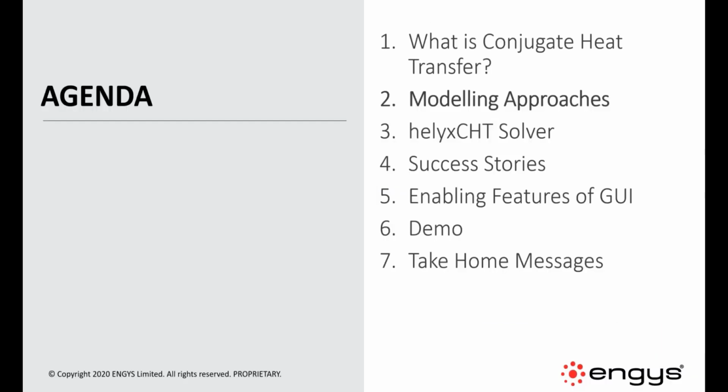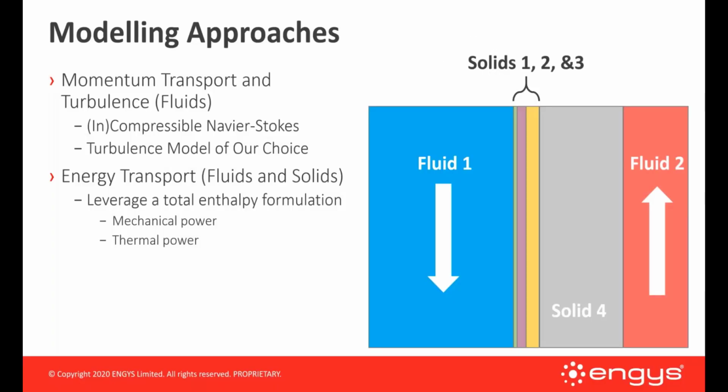So let's talk about the modeling approaches. For modeling a conjugate heat transfer problem, the momentum transport and turbulence is something that, if you're familiar with CFD, you should know a lot about: compressible and incompressible Navier-Stokes.